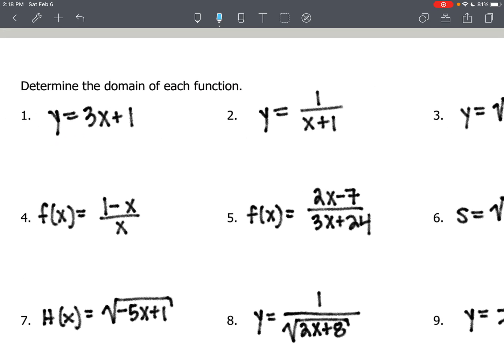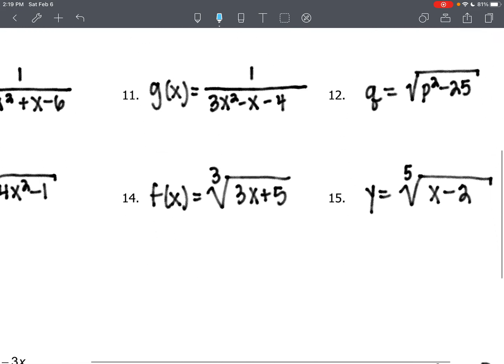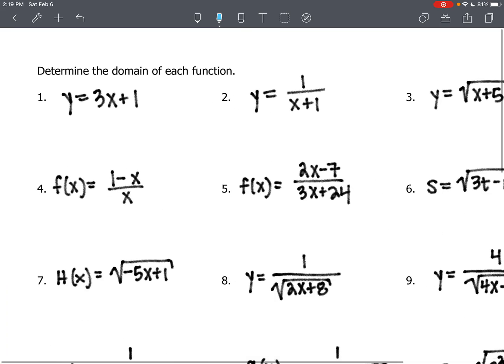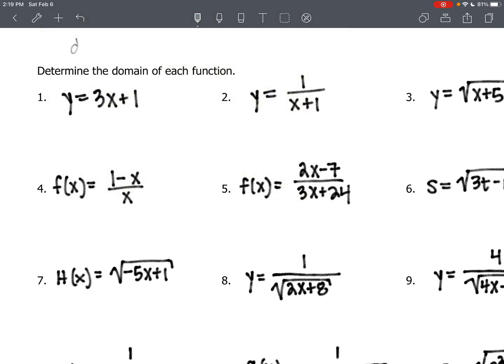So let's start looking at the domain. You can see that we've got a plethora of problems that we're going to do. We're going to go through these pretty quickly, so don't be afraid to press that pause button. Okay, we have y equals 3x plus 1. I'm going to go through this rather quickly. We're looking at the denominator. Does it have a denominator with a variable in that denominator? Does it have a radical?